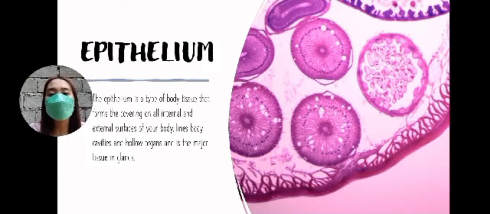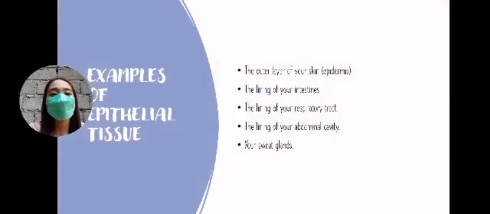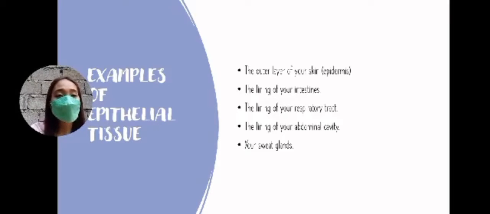So we have many different kinds of epithelial tissue throughout our body. Some examples include the outer layer of your skin or epidermis, the lining of your intestines, the lining of your respiratory tract, the lining of your abdominal cavity, and your sweat glands.